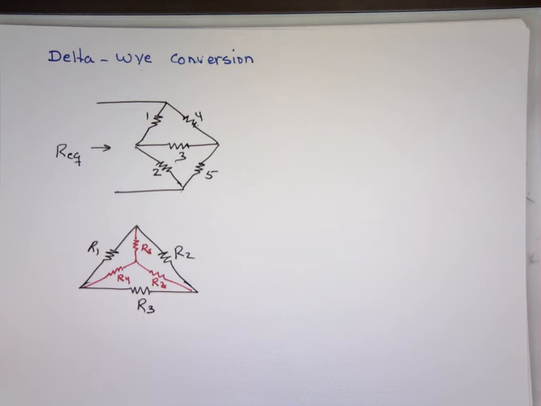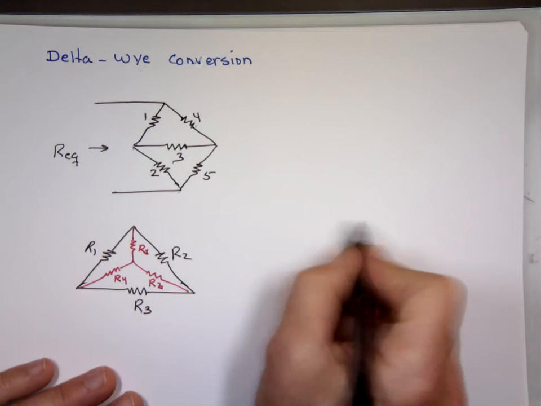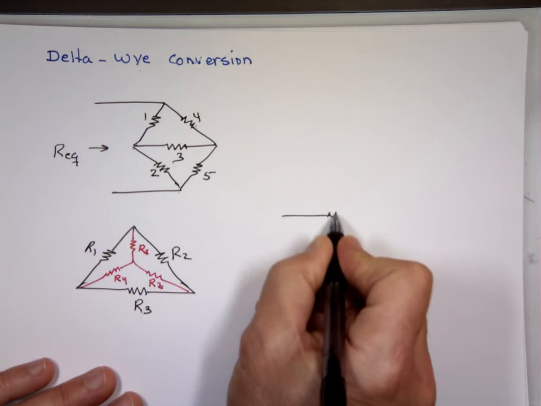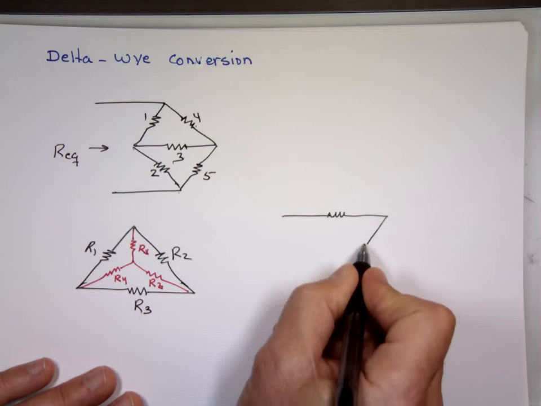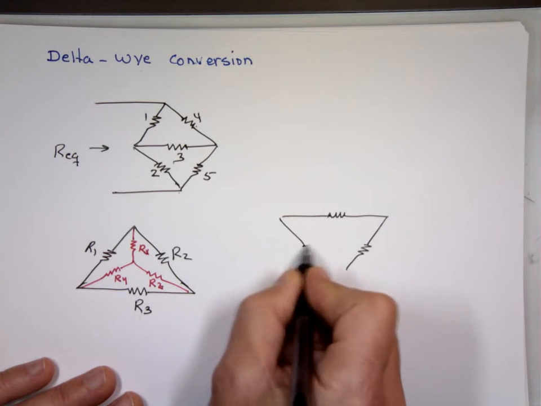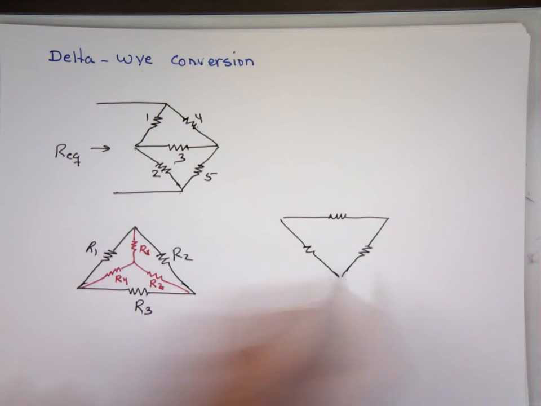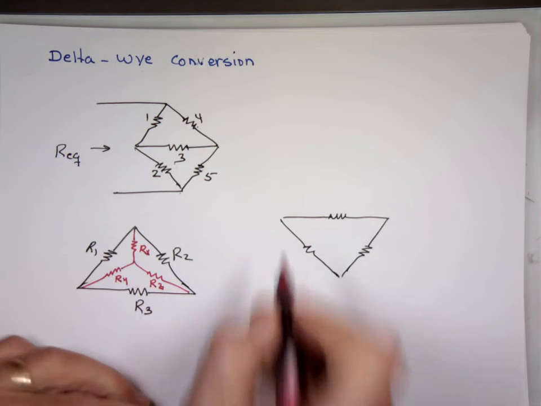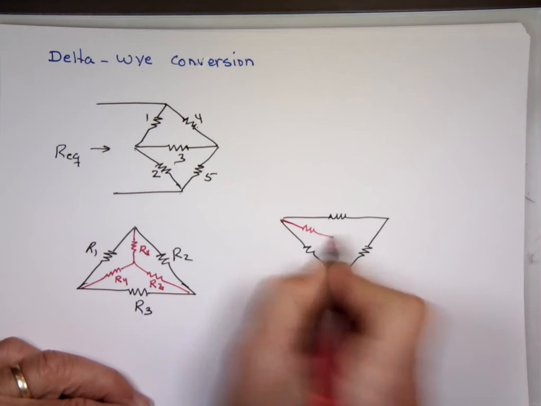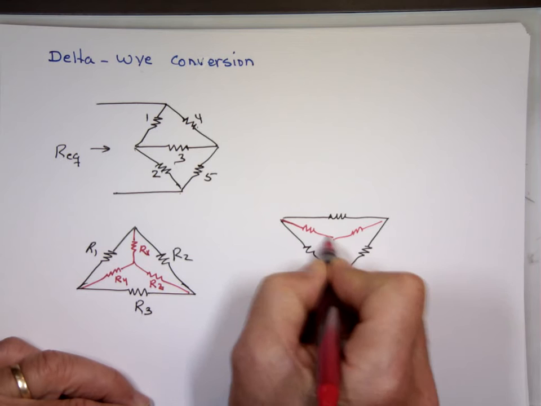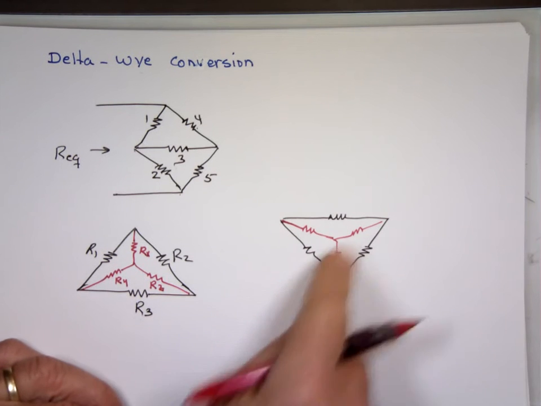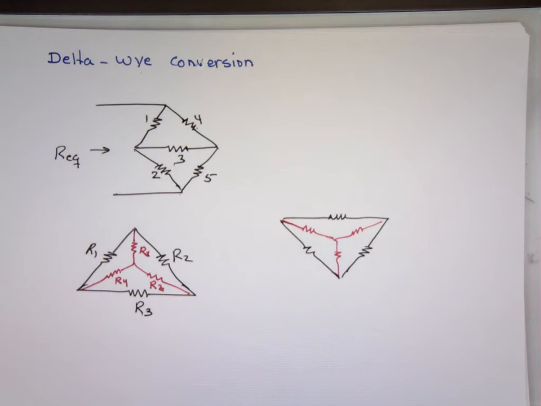I can reverse that and make it look like this. Right? And now when you replace it with the Y, you replace it with something like this. That's why it's called the Y. See, that looks like the letter Y, capital Y.